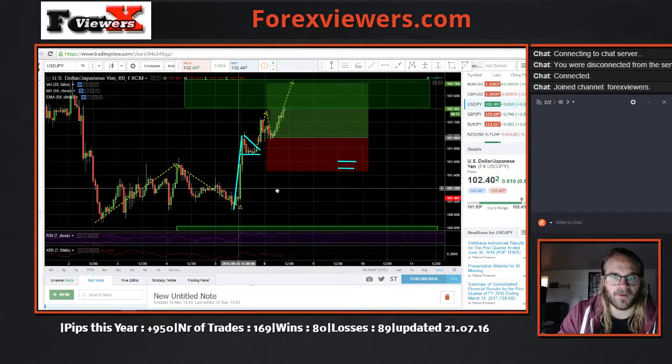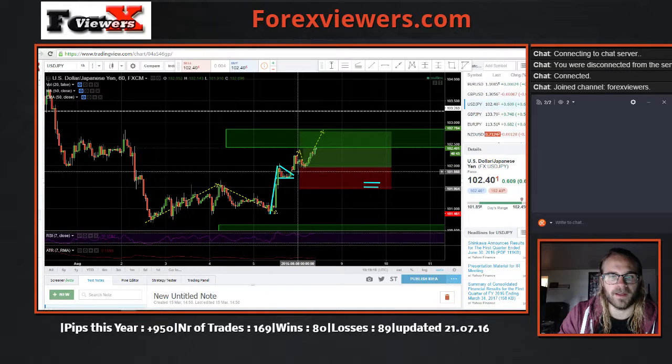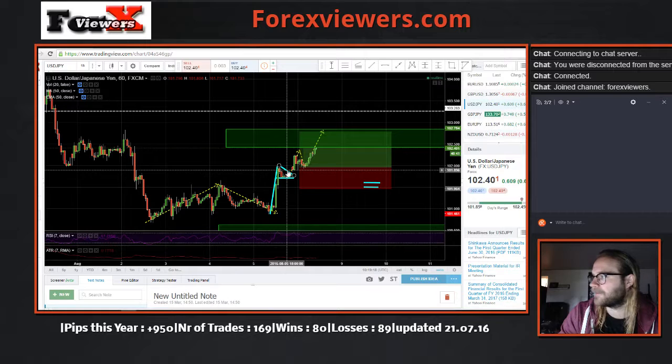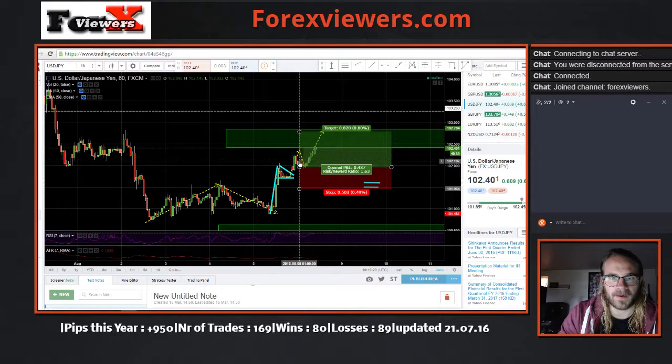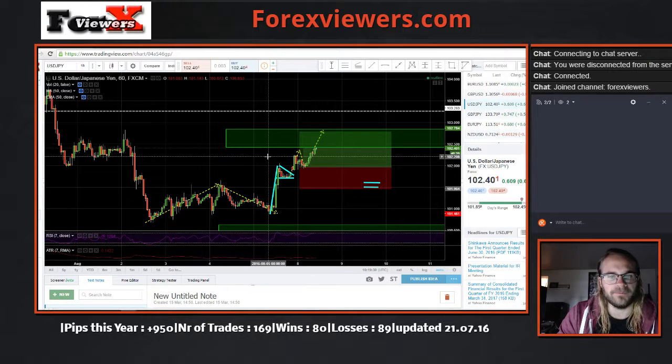If you're wondering why I went long here, it's just a simple breakout, drop down to the previous structure, support, got this pin bar candle, and went long from there.